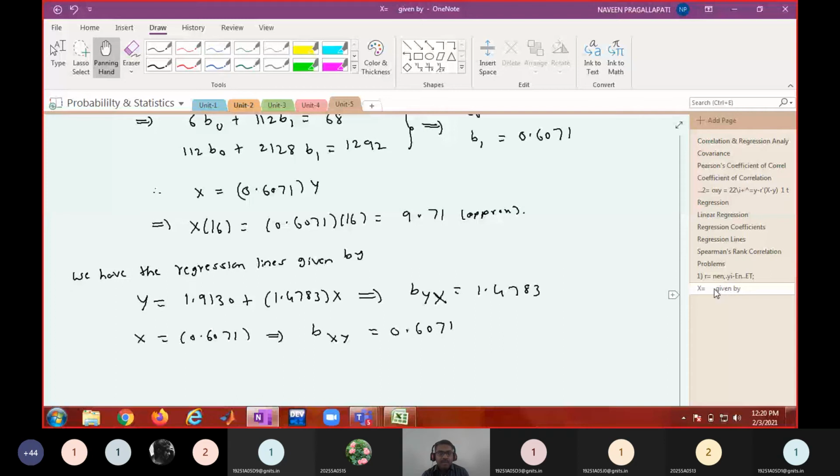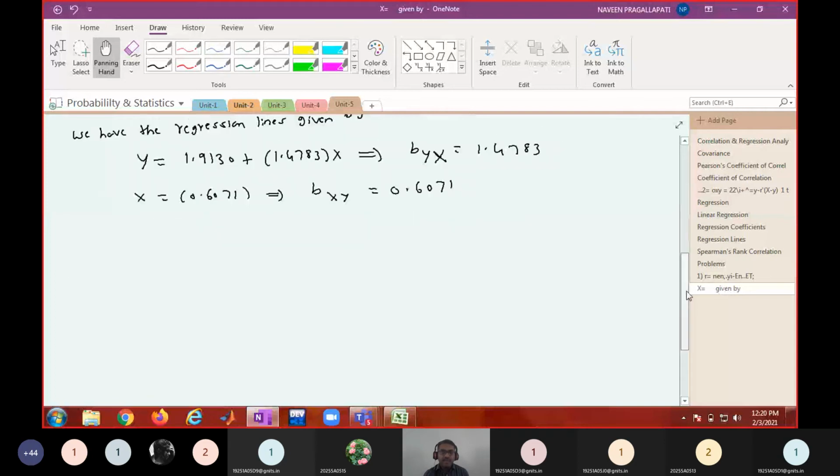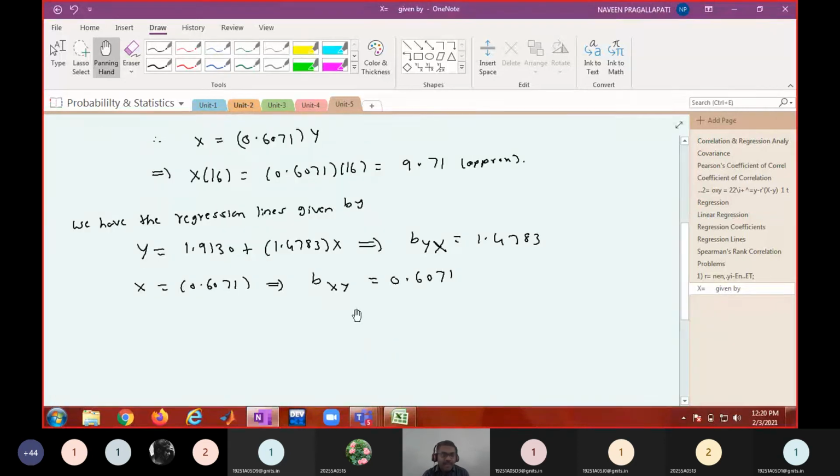Okay, so now, is the slope positive? Yes. Because both slopes are positive, we shall take the positive square root.